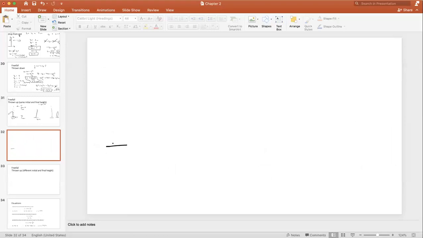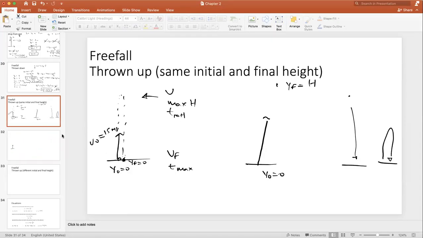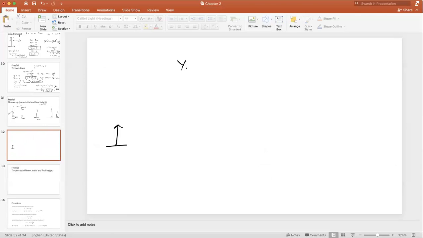Now, when I launch it, and I said that v initial was 15, we're going to measure this as y final is h and it's positive, and y initial is 0. Y is positive upward.